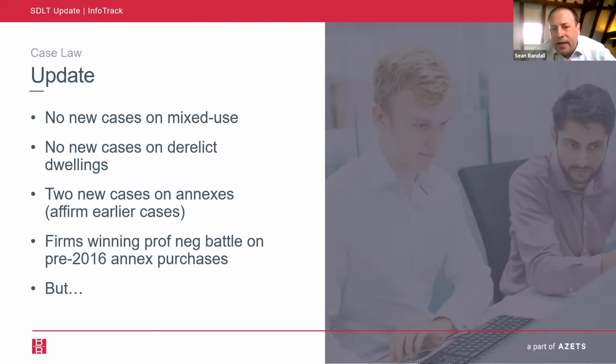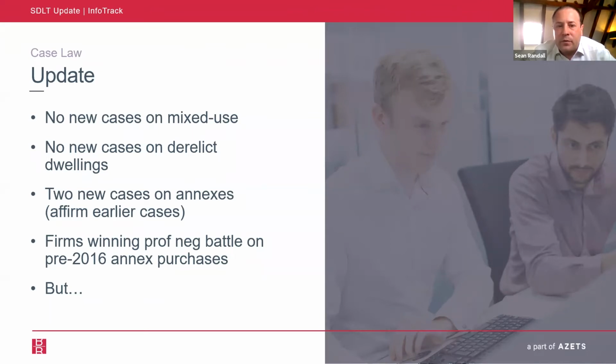Equally, there have been no new cases on when a derelict or damaged property ceases to be regarded as a dwelling. So we've had a couple of cases, Bewley in particular, but also Fish Homes, which identify in what circumstances a dwelling ceases to be a dwelling because it's no longer suitable for use as a dwelling.